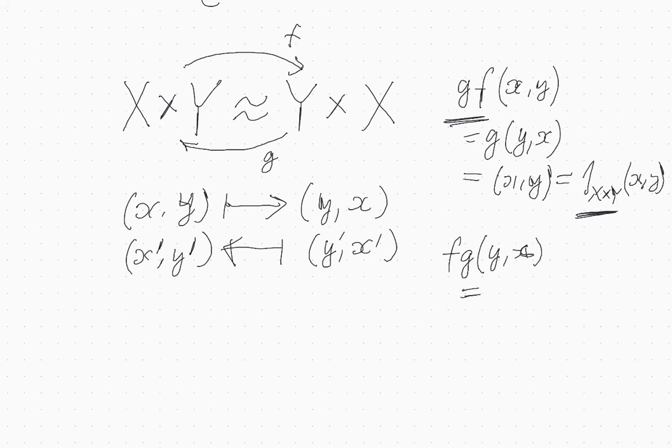And then applying F to xy, we get back yx. So we then get this the same as identity of y cross x applied to yx. So once again, FG then must equal that identity function because they act the same way on elements.